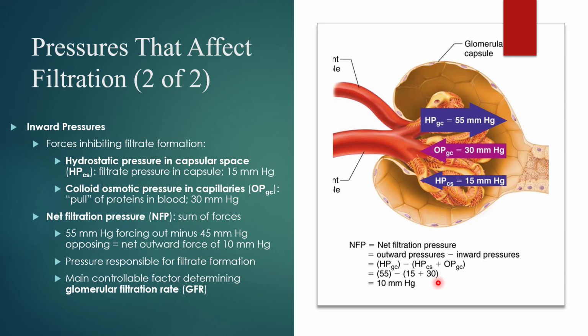You deduct the inward force from whatever total hydrostatic pressure you have. You're going to have a total of only 10 millimeters of mercury pressure. This 10 millimeters of mercury is the only driving force that would be driving the plasma into the tubules, and that becomes part of the filtrate. So that's not even really much, 10 millimeters of mercury pressure.